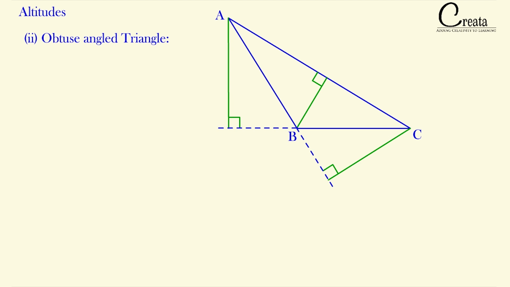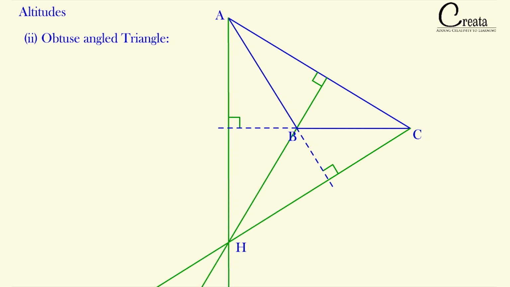So altitudes can also lie outside the triangle. Let's try to find the orthocenter for this obtuse angle triangle. We know the orthocenter is the point where the three altitudes intersect. Let's extend the three altitudes. We got this point. This point is the orthocenter for the triangle ABC. So for this obtuse angle triangle, the orthocenter lies outside the triangle. Got it?